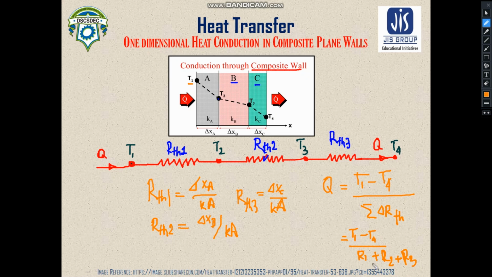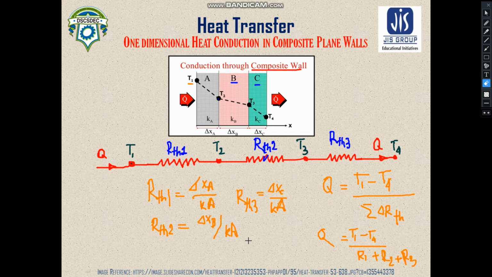Remember that R1 represents RTH1, which is the thermal resistance for wall A, R2 is the thermal resistance for wall B, and R3 is the thermal resistance for wall C. So by virtue of this formula, we can calculate the heat transfer for any number of walls.